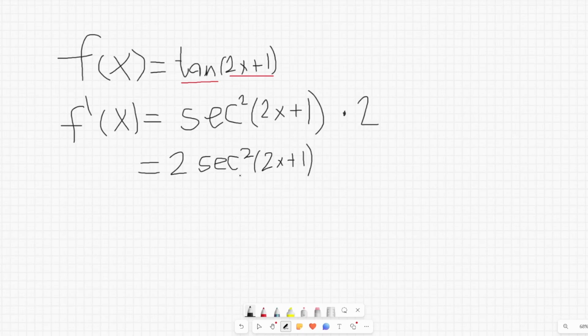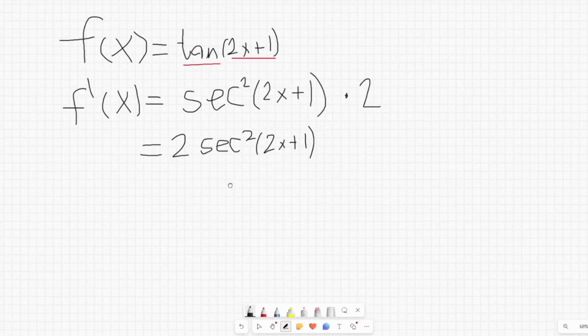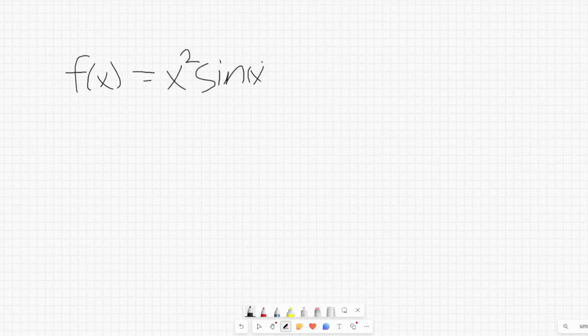Now, getting into some different kind of functions, we have f of x is equal to x squared sine of x. All right. Now we have two terms here. We have sine x and x squared. So there's two different functions, which means we have to apply the product rule.